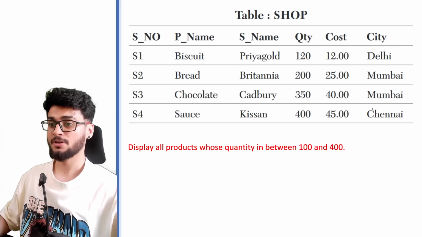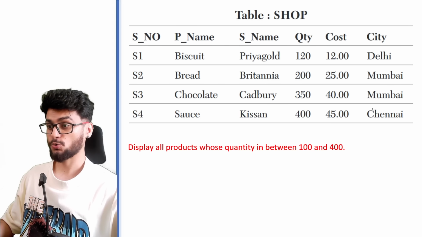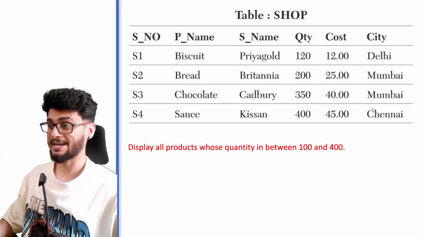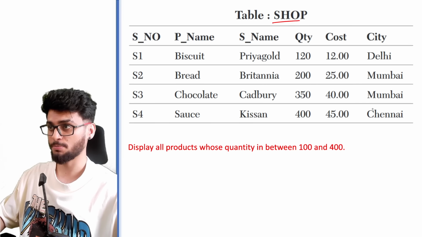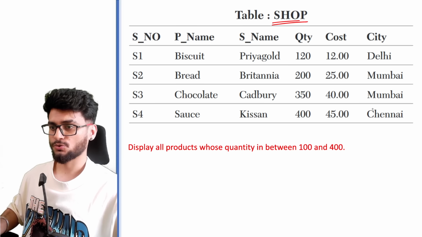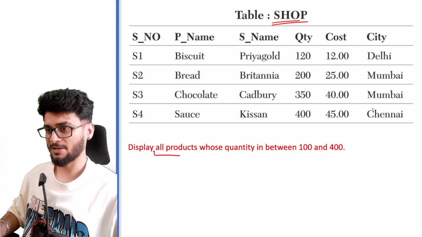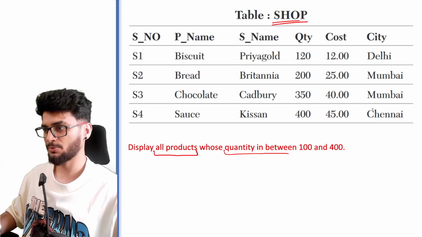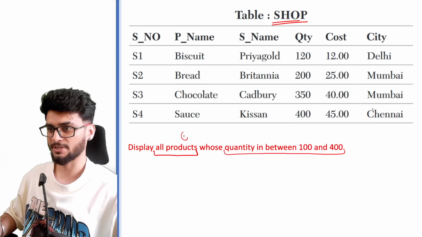So next question, display all the products whose quantity is in between 100 and 400. Now we have a table called shop. Okay, so we have to display all products जहाँ पर quantity is between 100 and 400. So there are two parts to this.